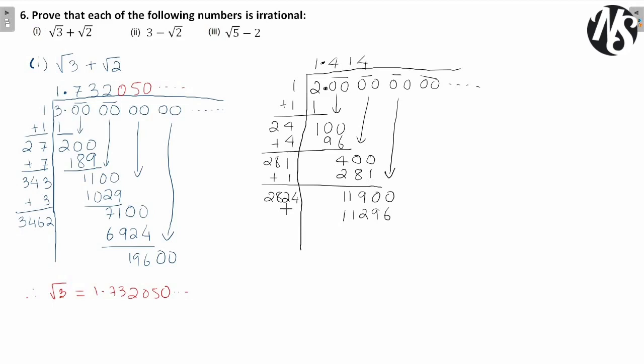Now 4 is there, so we will add 4 to it. When you add it, you get 2828. When you subtract, you get 3836. So bring these 2 zeros down, so it becomes 00.